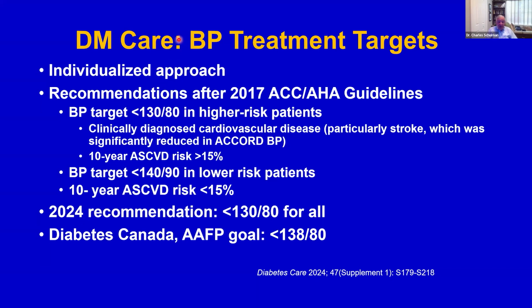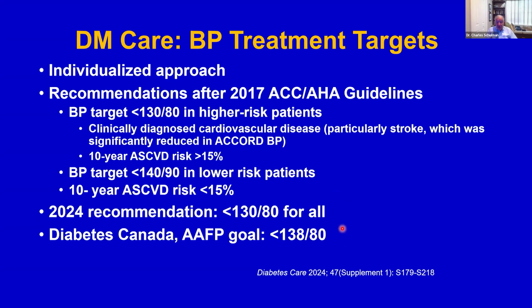But the Diabetes Association in its most recent publication in January of this year recommends a blood pressure goal of 130 over 80 for all. Even the AAFP now recommends a blood pressure under 138.